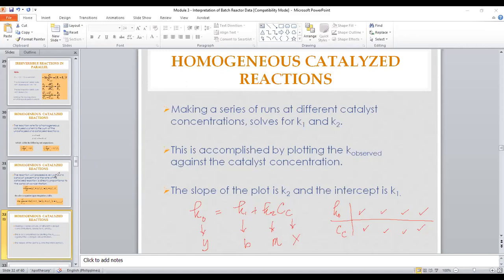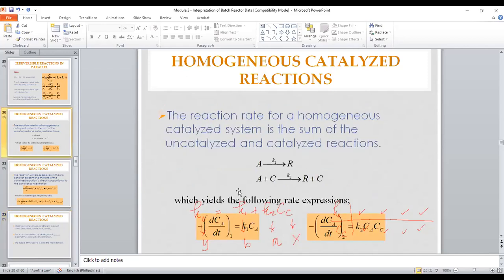So if you go back to this particular slide here. Knowing K sub 1 would help you compare how the rate of this reaction compares with this. You will have K sub 1 as the rate constant for the uncatalyzed reaction and K sub 2 for the catalyzed reaction. We are expecting, of course, that K sub 2 has to be greater than K sub 1 because this one is your catalyzed reaction.